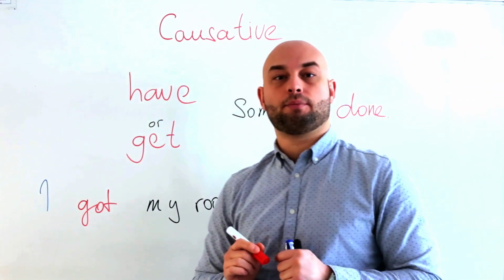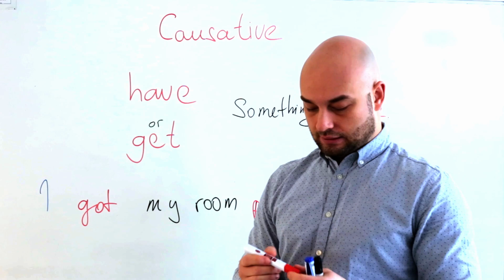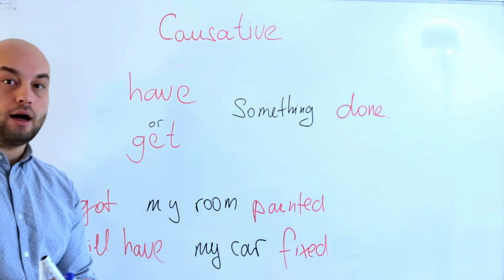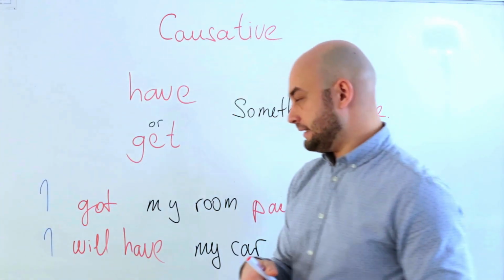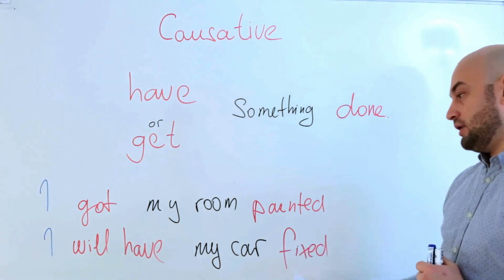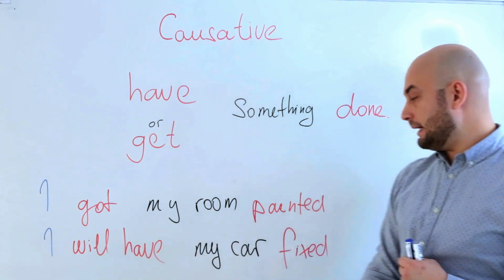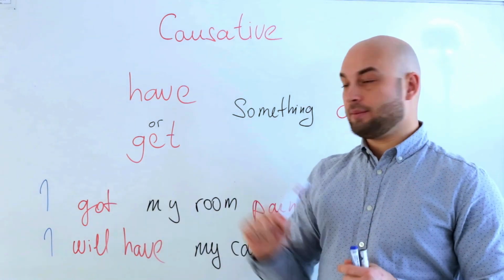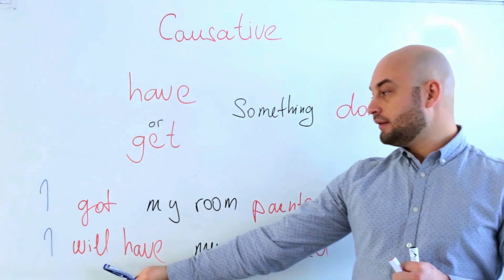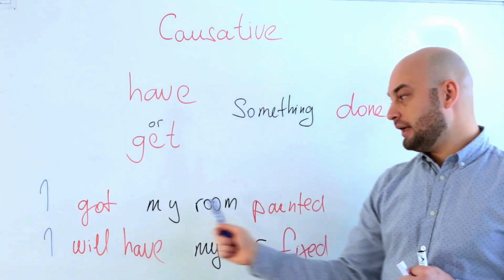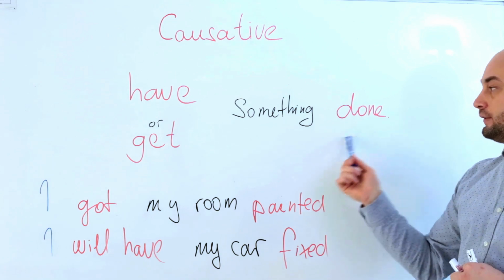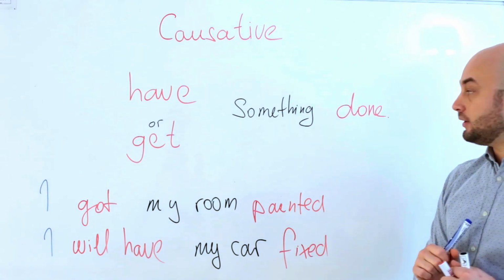Or imagine my car broke and I want it fixed. Okay? So I will have my car fixed. If you look at this sentence, it's the same. It's in future and it follows the same structure. Yeah? It follows the structure of subject, the verb have or get, then this something, which is the object, and the verb in the third form.